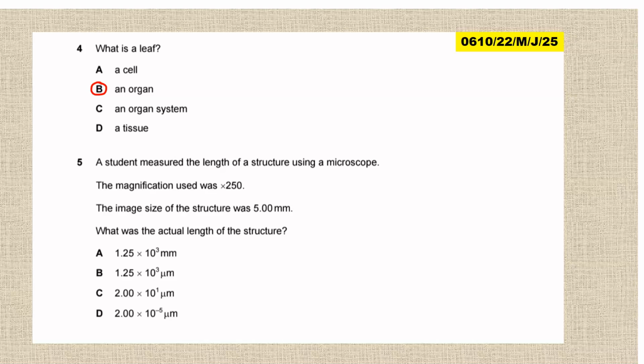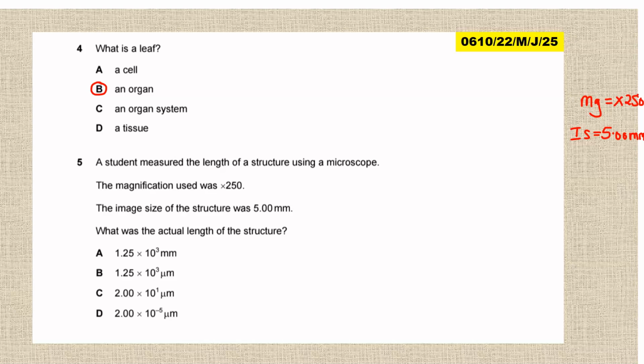A student measured the length of a structure using a microscope. The magnification used was, so here I'll put this data here. Magnification, I'll write mg. Then it was given as 250. The image size of the structure was 5.0 millimeter. So it's just the same as 5 millimeter.